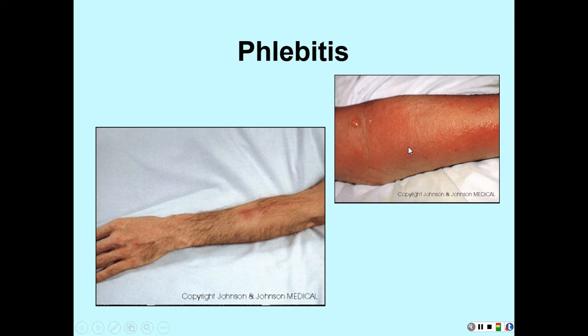That right there, you can just tell if you touch that, that's going to be just really warm to the touch. Okay. This is a little more extensive than this is. Okay. You can have oozing drainage. Okay. There you go, right there.